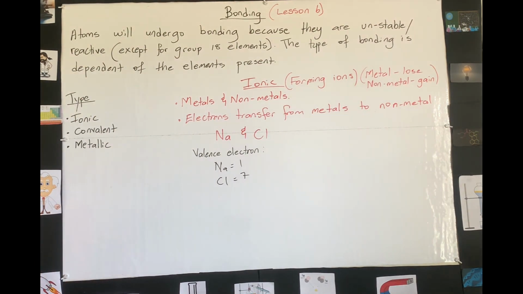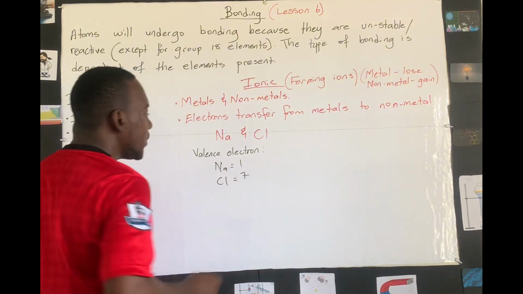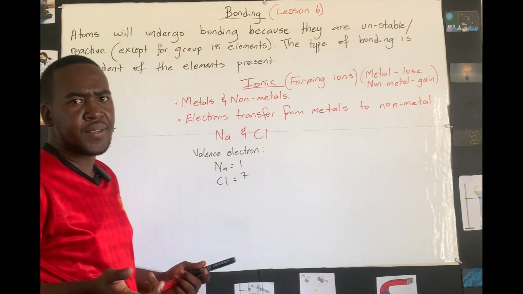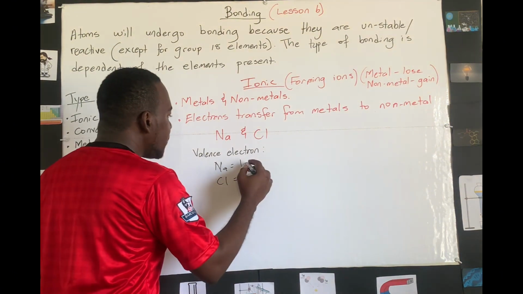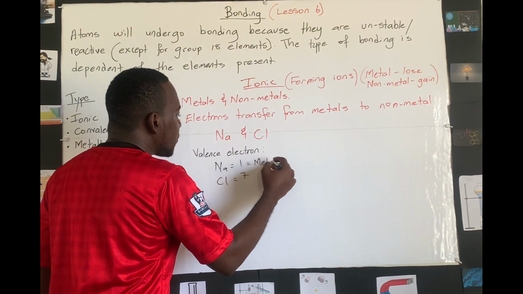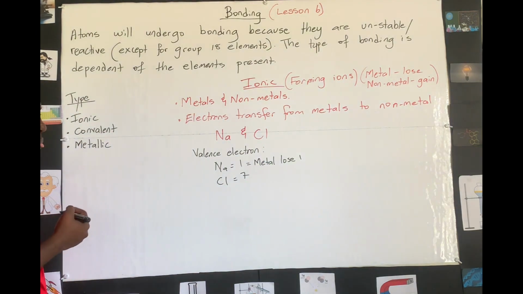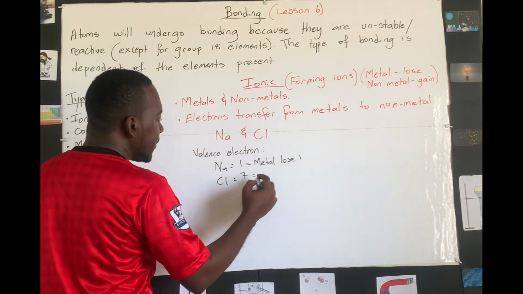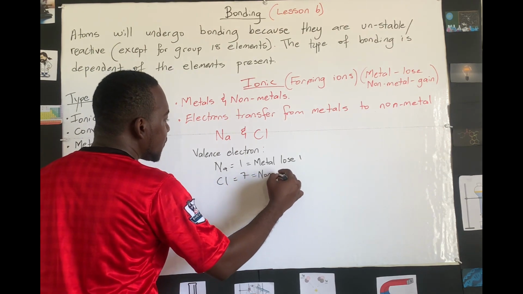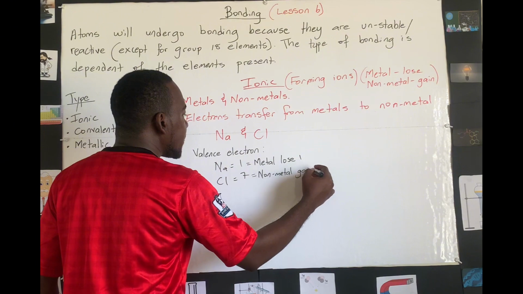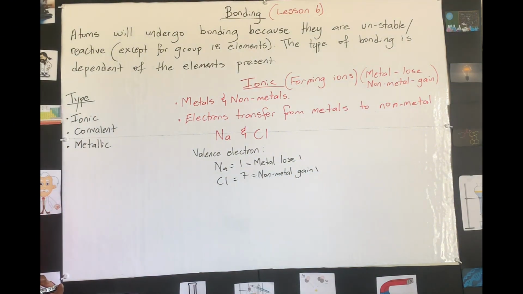If sodium has 1 on the outer shell, it's easier to lose that 1 than to gain 7. So sodium is our metal that will lose 1. And chlorine is our non-metal. It's very close to 8, so it's going to gain 1 because it just needs 1 to become 8.